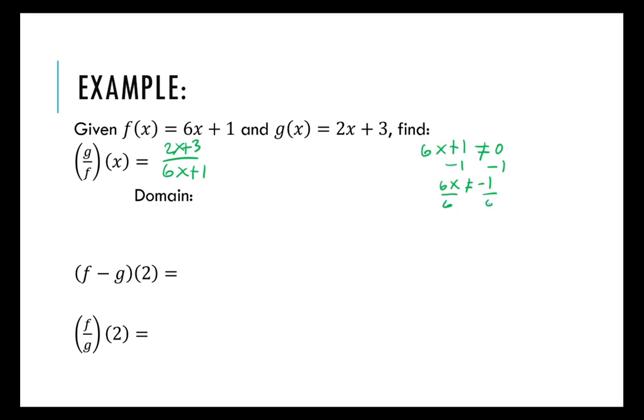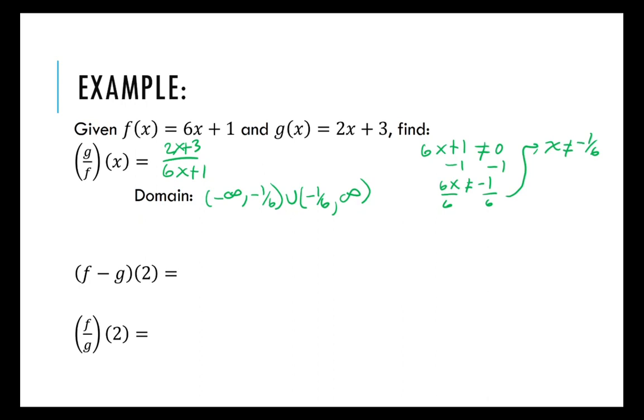Divide by 6, that is x cannot equal negative 1/6. And so my domain is going to be all real numbers, remove negative 1/6: negative infinity up to negative 1/6, excluding, union, excluding negative 1/6, up to positive infinity.